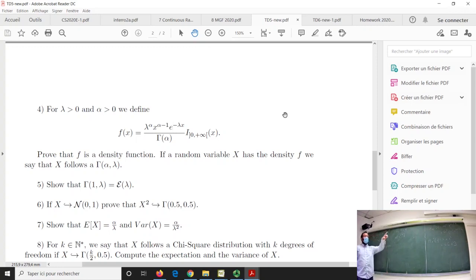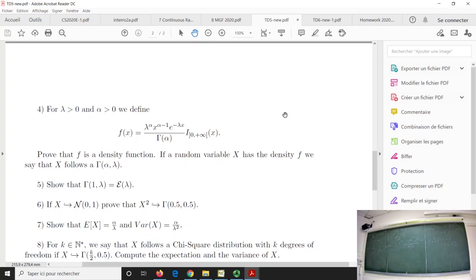The density function is given at the top of the slide. So I obtain the integral between 0 and plus infinity of exponential tx, lambda to the power alpha, x to the alpha minus 1, exponential minus lambda x dx, over gamma of alpha.